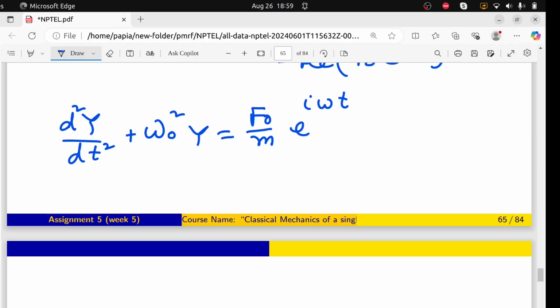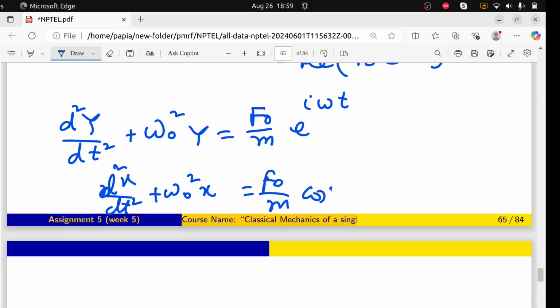If I write it, then we had d2x/dt2 plus omega 0 square x equals f0 by m cos omega t.